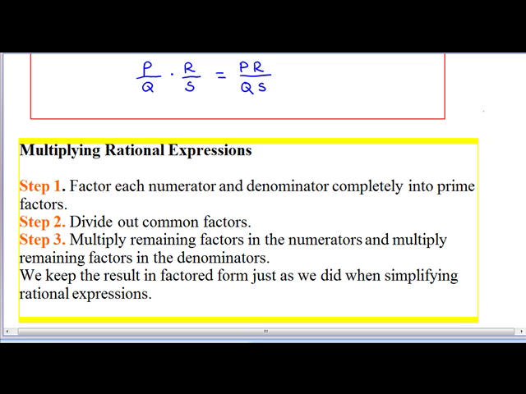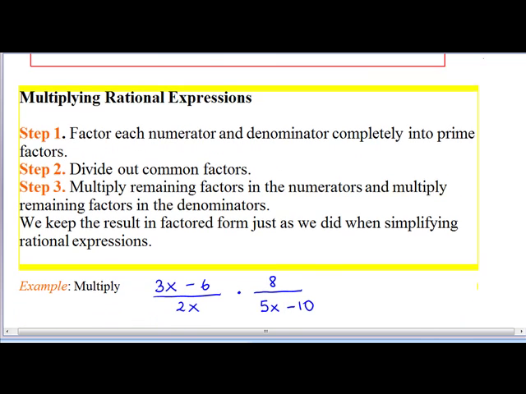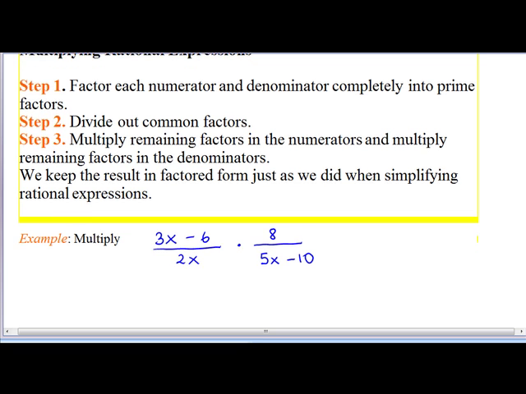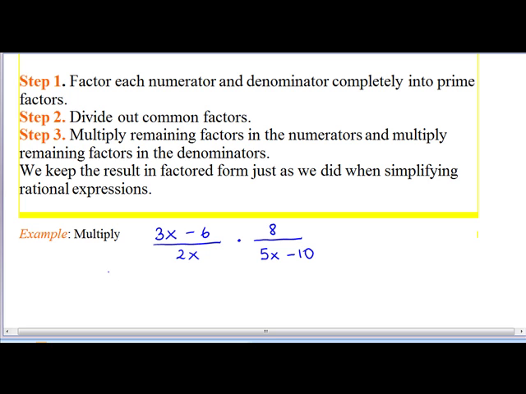So let's look at some examples. I'm going to show you how to simplify these two rational expressions by multiplying them together, following the steps that I just showed you. First, step 1, I'm going to factor each numerator. So this numerator, I factor out a 3 and have x minus 2.